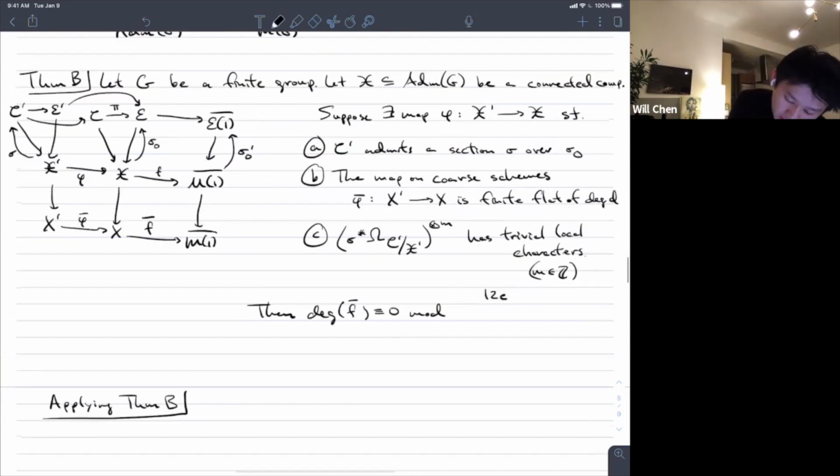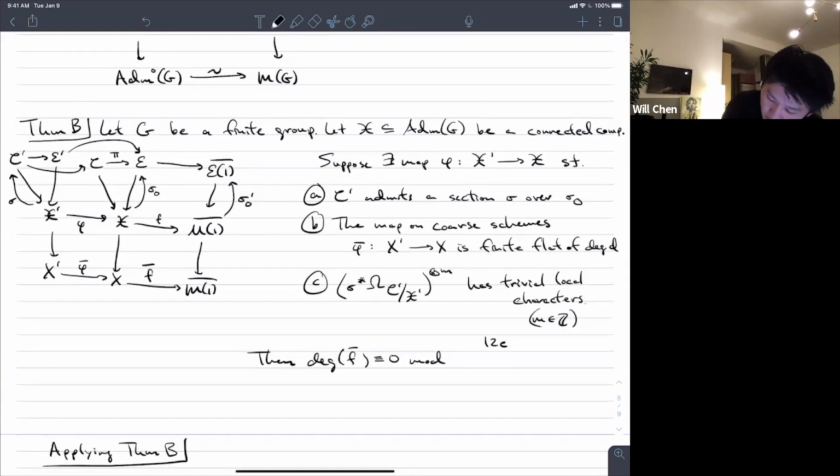Oh, I should say, E is the ramification index. We're assuming that X is a connected component, and so the ramification index on this family is constant. So let's call it E.